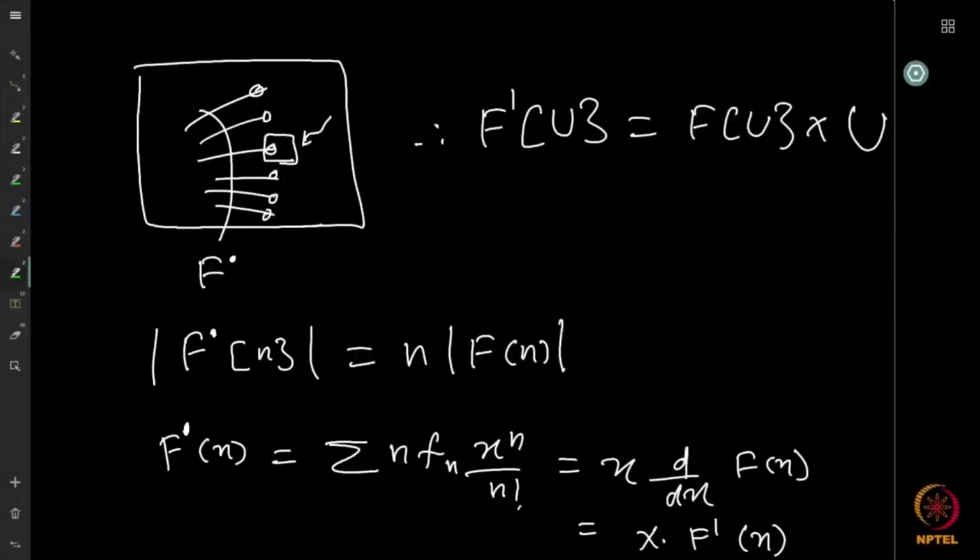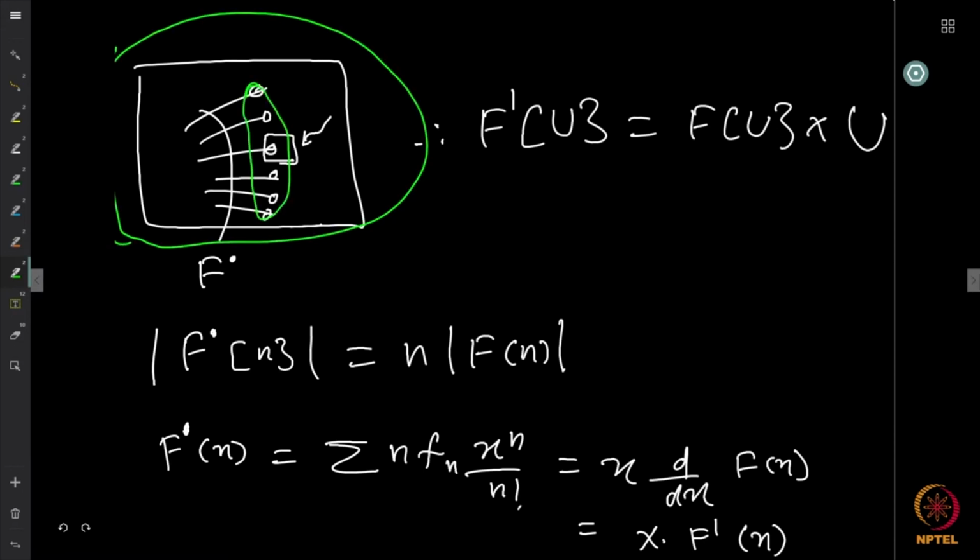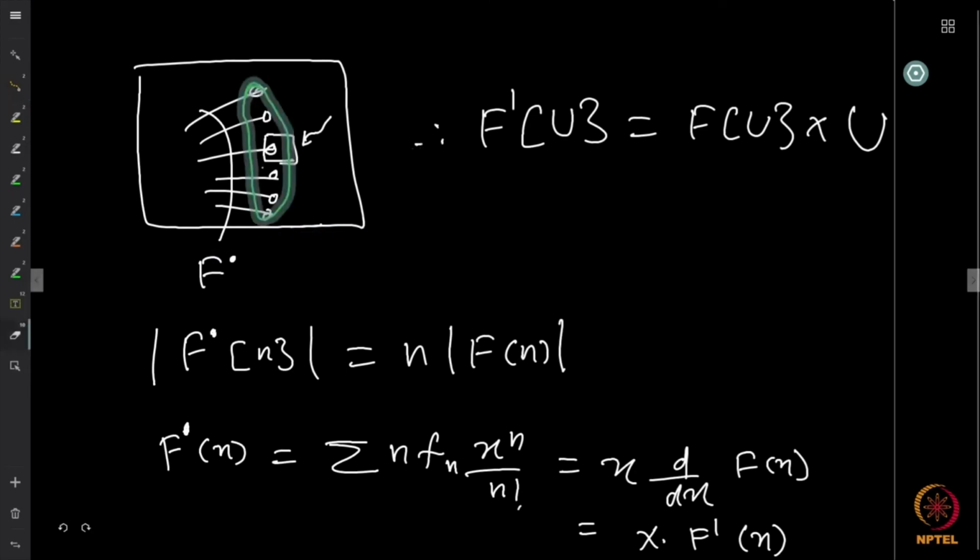So what is pointing in the picture? You have this set, and on this set you are selecting one of the elements and saying that that guy is special. That is it. So you are making it a special vertex, and you get a rooted structure.